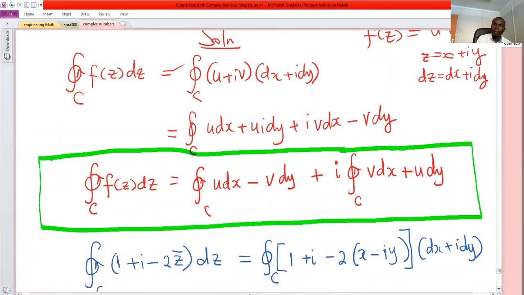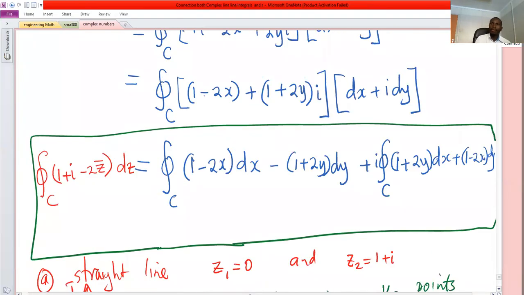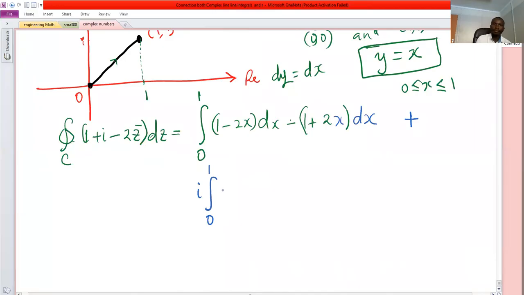Now every place where there's y, you replace by x, and where there's dy, you replace by dx. So we'll have 1 plus 2x dx plus 1 minus 2x dy. It's still dx. One minus 2x dx, because dy is being replaced by dx.